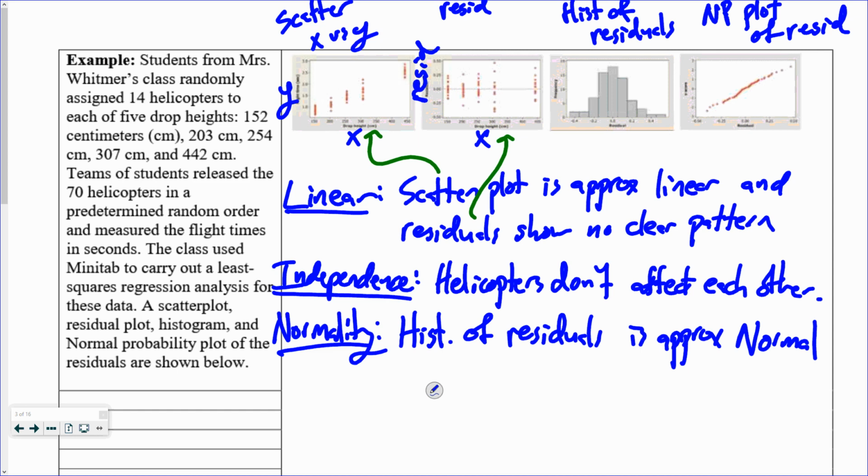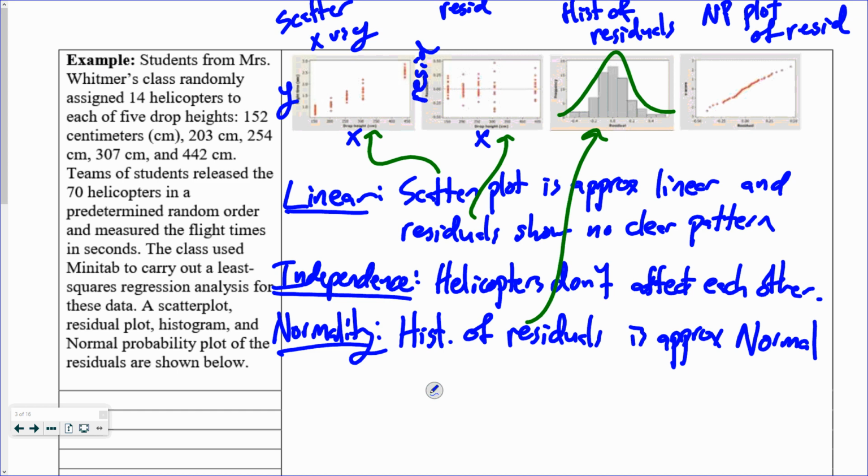What am I talking about there? Histogram of the residuals. I'd be talking about that guy right there. And that's a very normal looking histogram. That thing looks really nice, almost suspiciously nice. So we have linearity, we have independence, we have normality.